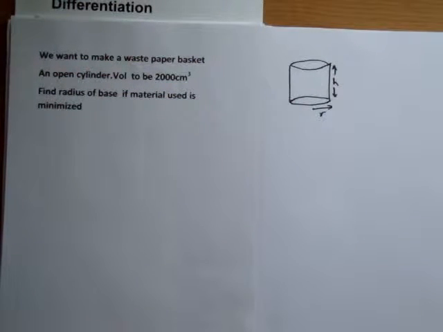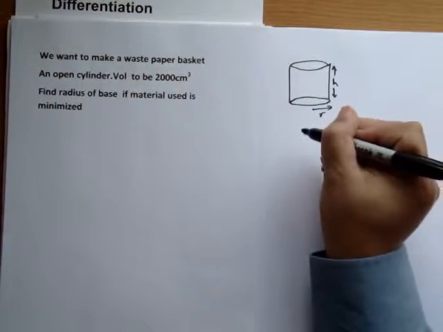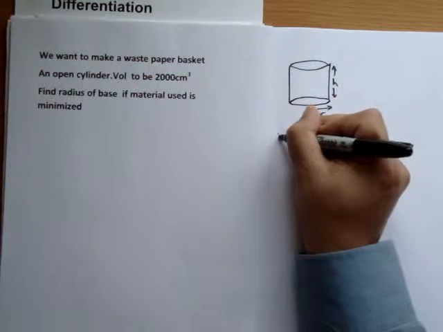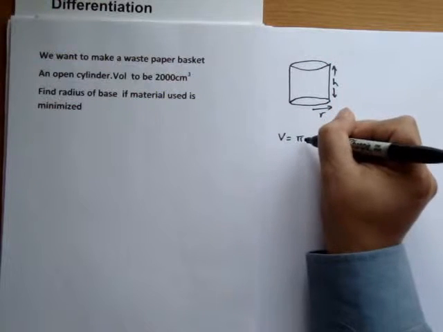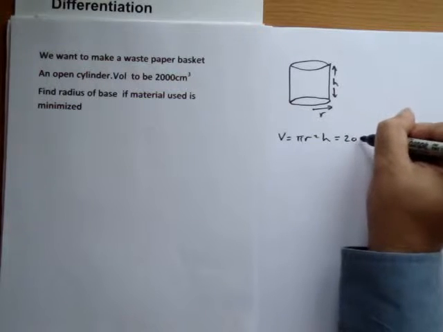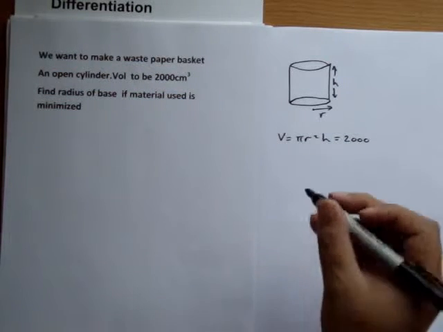So first of all we have a constraint equation where they tell us the volume is 2000 centimeter cubed. So what's the volume of a cylinder? It's the area of the circle at the bottom times the height: volume equals pi r squared h, and that equals, we're told, 2000. The other thing we need is the surface area.